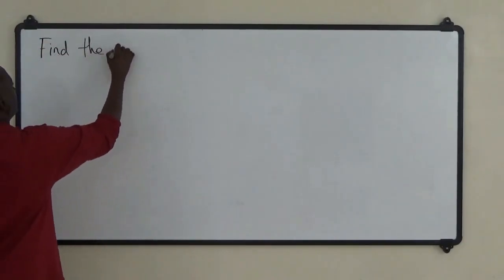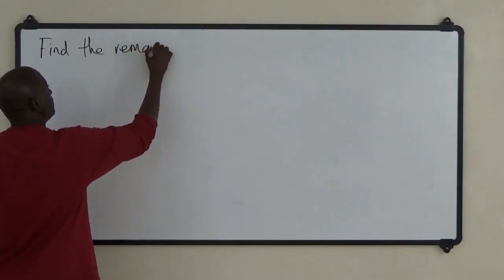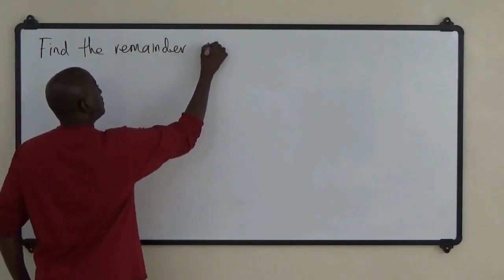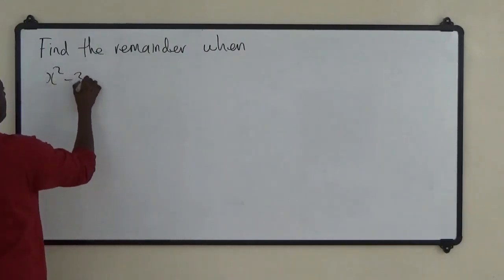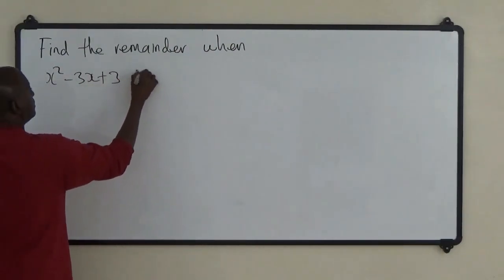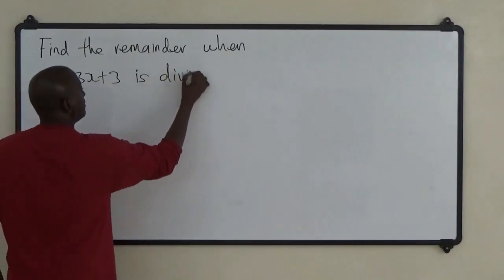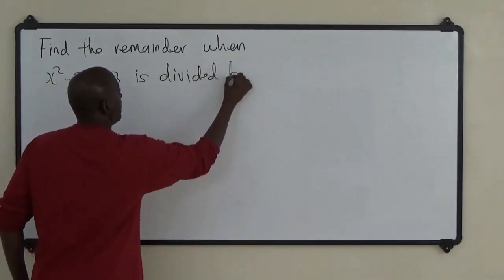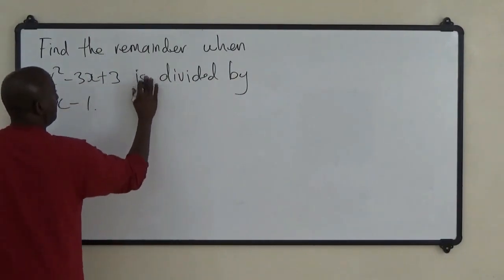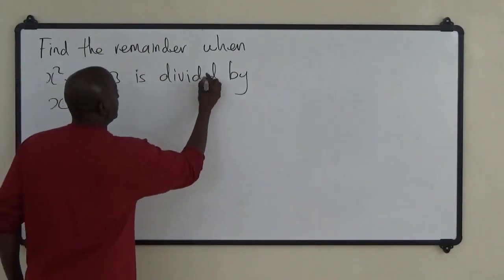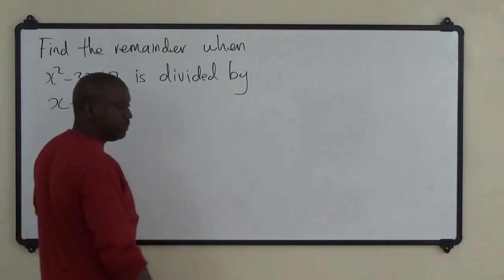Find the remainder when x squared minus 3x plus 3 is divided by x minus 1. Yeah? Aha. Right? We could do that too.